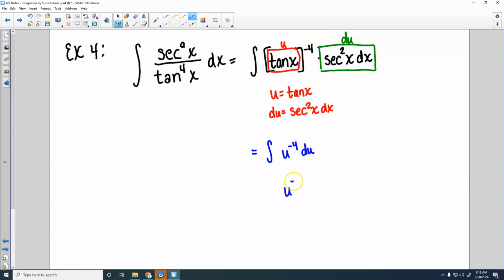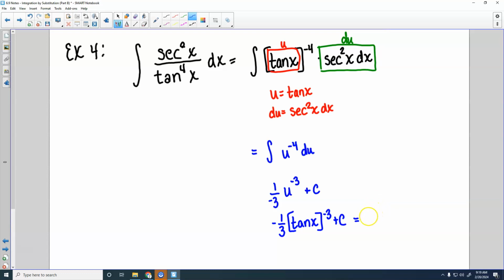So that's going to be u to the -3rd, and then I have to divide out front by that -3. I'll put the plus c on the end. So I will get -1/3 tangent of x to the -3 plus c. There is a good chance they're going to put that back on the bottom.